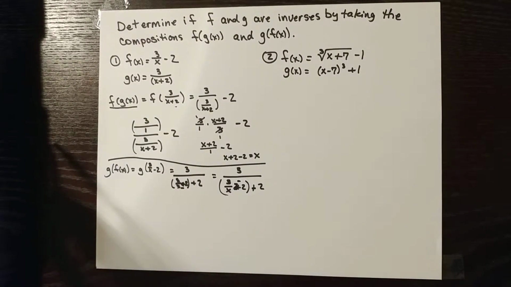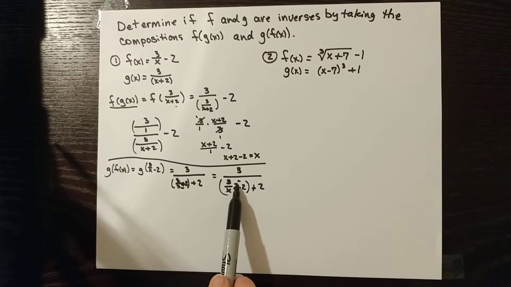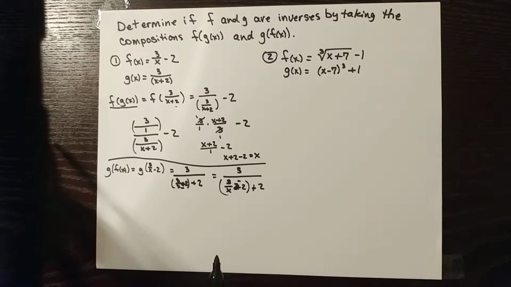Okay, so this is a complex fraction. We have to simplify it. This time, this is not a nice and tight one where you can do the keep, change, flip, keep the numerator and multiply by the reciprocal of the denominator, because there is a subtraction going on here. So I'm going to choose to simplify this complex fraction by multiplying the numerator and the denominator by the lowest common denominator that I see.